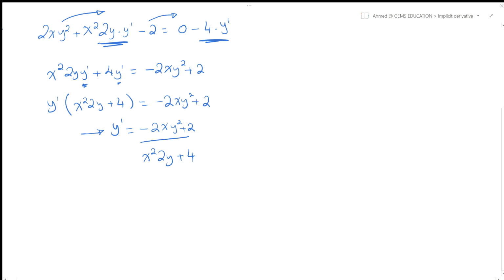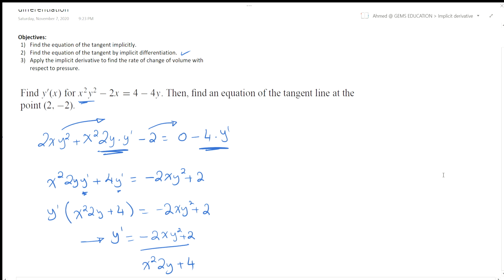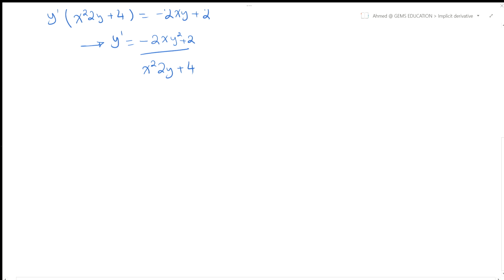The second part of the question is to find the equation of the tangent at (2, negative 2). To find the equation of a line, we need to find the slope. So the first thing I'll do is substitute the 2, which is the x value, in the derivative to find the slope, and the negative 2, which is the y value, as well.